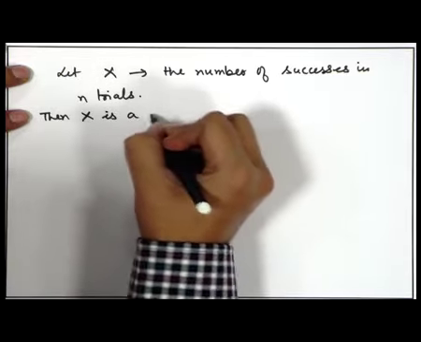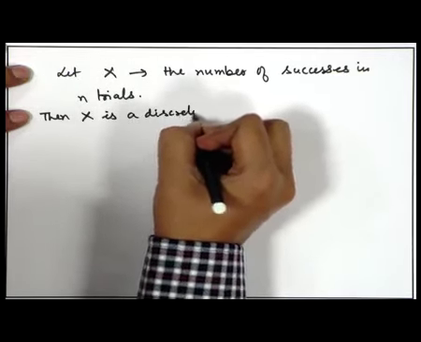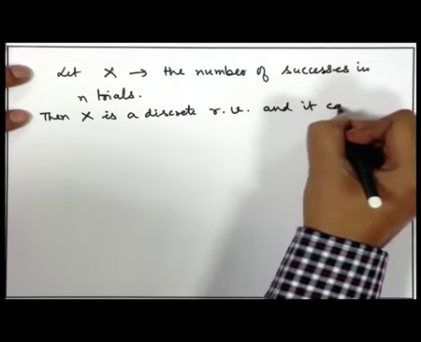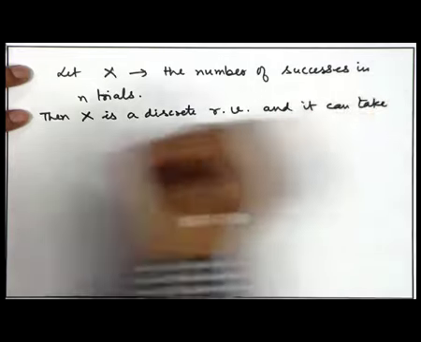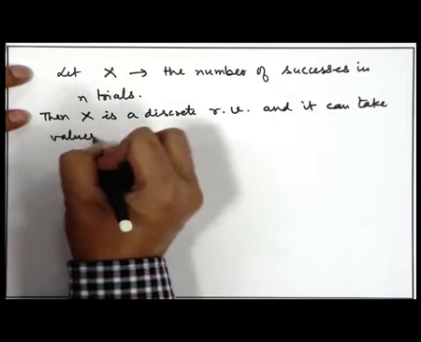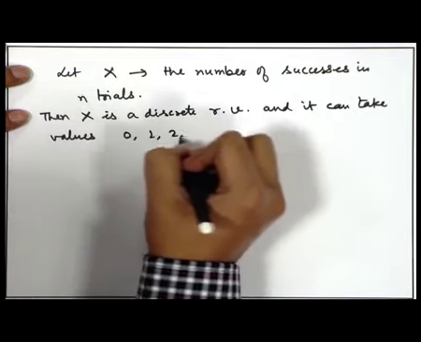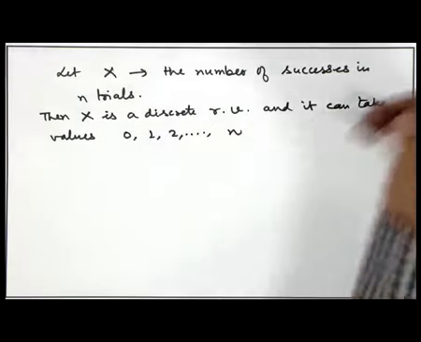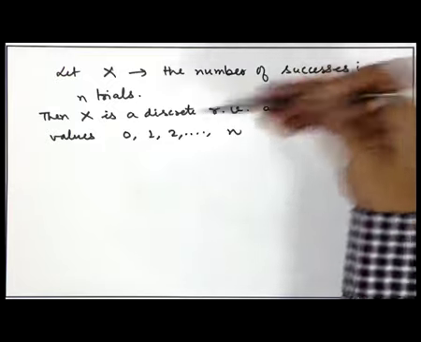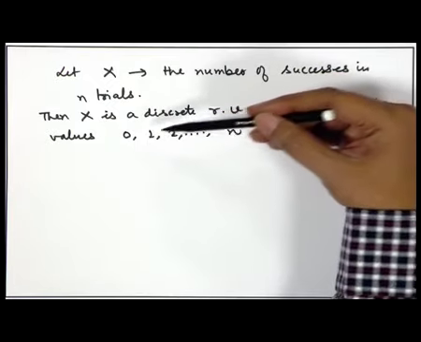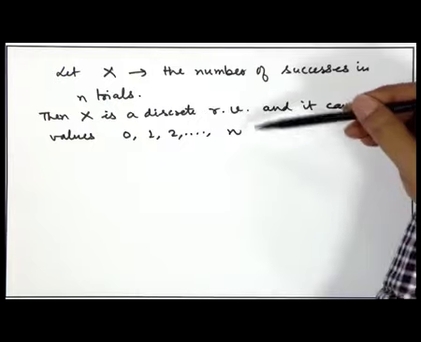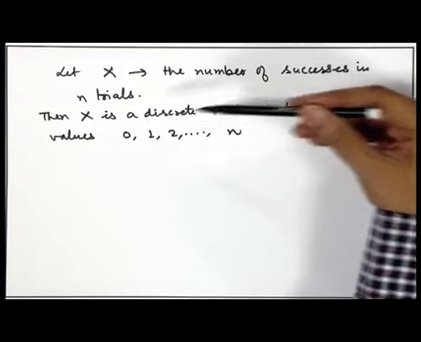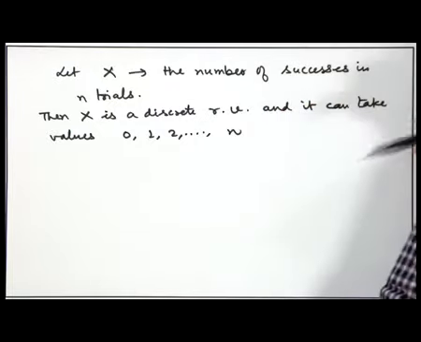X is a discrete random variable and it can take values 0, 1, 2 and so on up to n. You are conducting the trial n times. So, you can have all the failures, 1 success, 2 successes or all successes. So, the possible values of X can be 0, 1, 2 up to n.